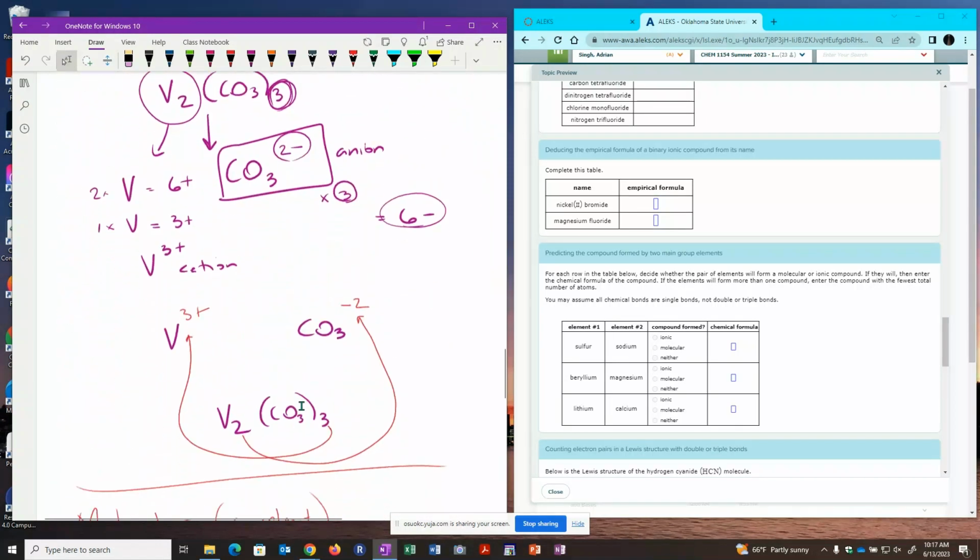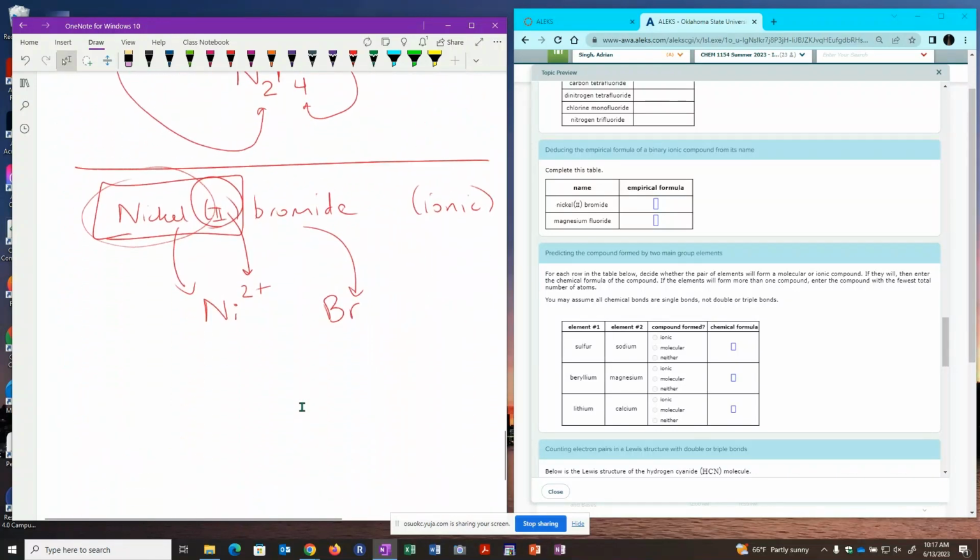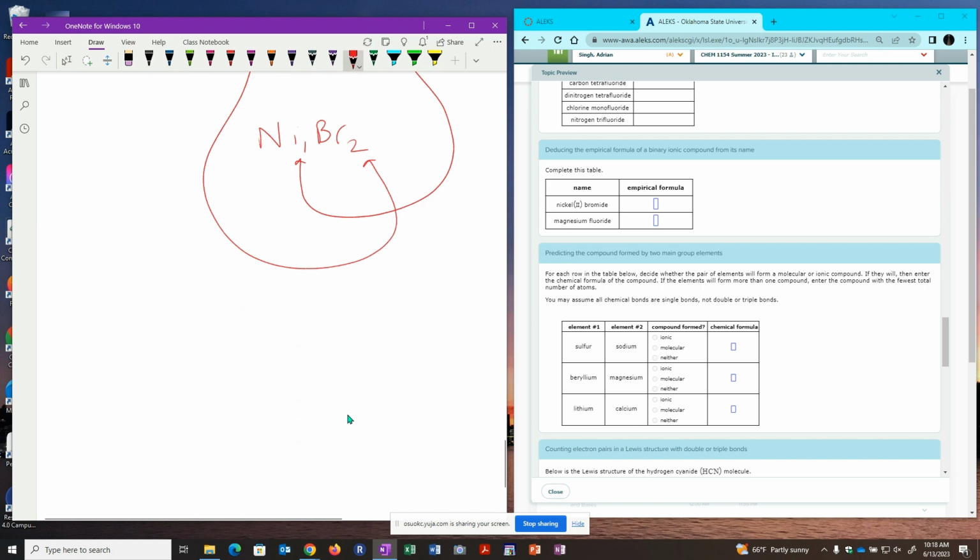We've seen the bromide before as well. So -1. And then when we put the formula together, we can do our cross-charge thing. The 1 on the bromide becomes a subscript on the nickel. The 2 on the nickel becomes a subscript on the bromide. And then we clean up our formula. We can omit the 1s because 1 is understood, so we only need the 2 for the Br.